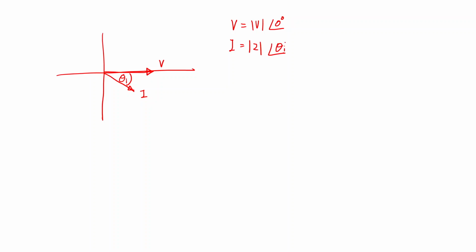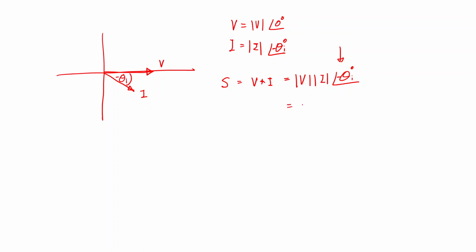So in this case, if the current lags the voltage, let's see like this. If we have voltage here, and the current lags the voltage by theta I, V is the magnitude and I is at angle negative theta I. When we consider complex power, V multiplied by I, we get V I at angle theta with negative theta I. I put negative here to be clearer.